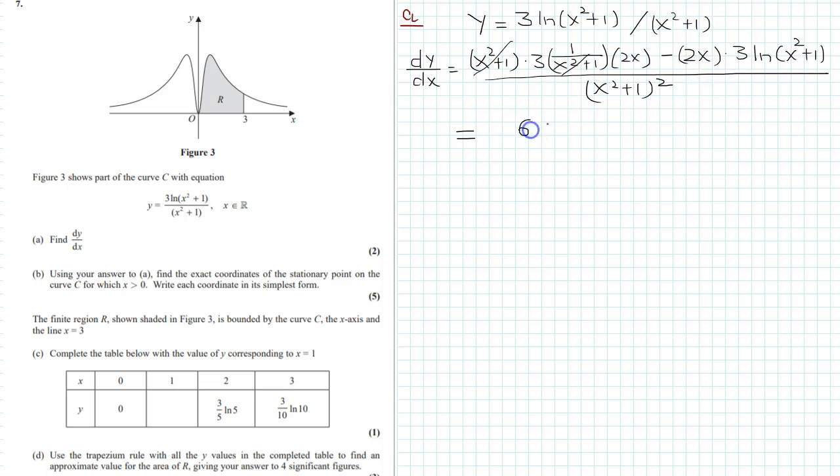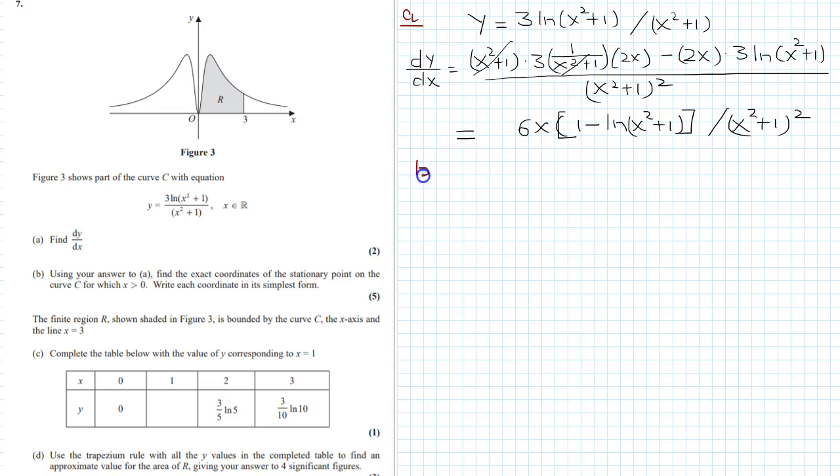So that is 6x times 1 minus ln x square plus 1, divided by x square plus 1 square. So that is the differentiation.